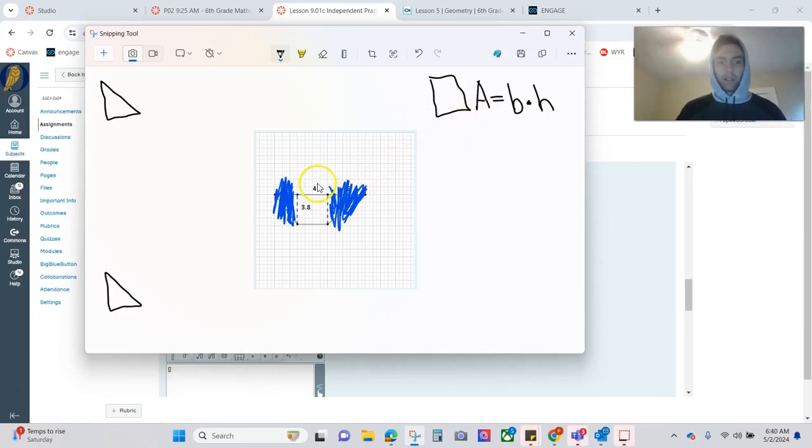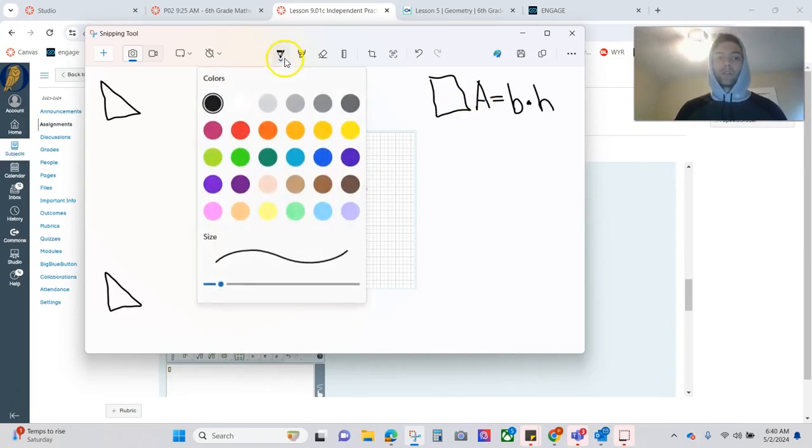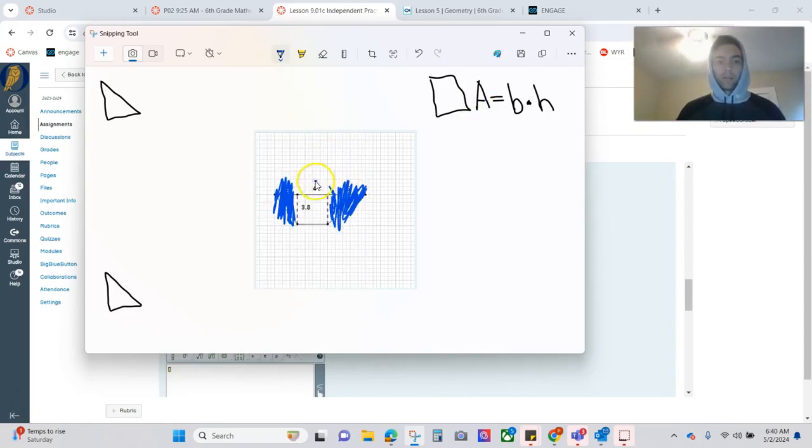Base is a vertical or horizontal side of the shape. It looks like we know the distance of a vertical or horizontal side of the shape. Right here, 4. It is not the bottom, but the base doesn't have to be the bottom. It just has to be a vertical or horizontal side of the shape. So the base is 4.